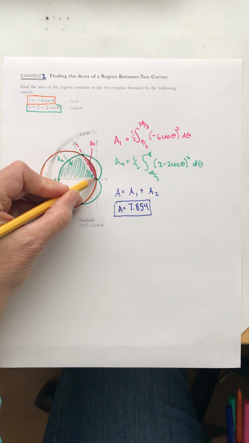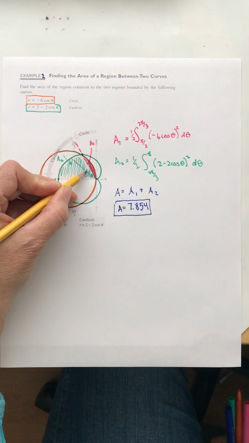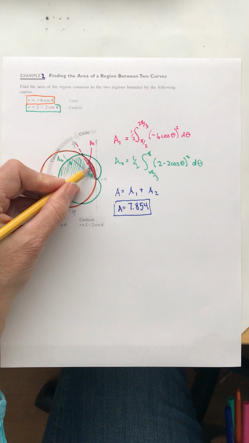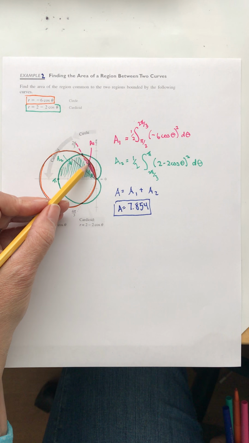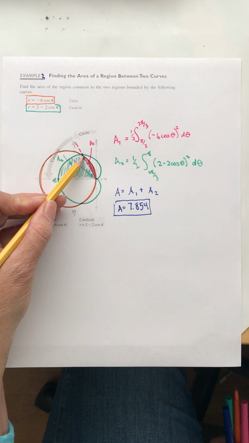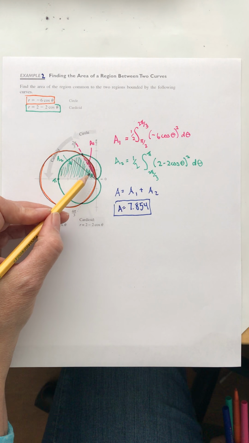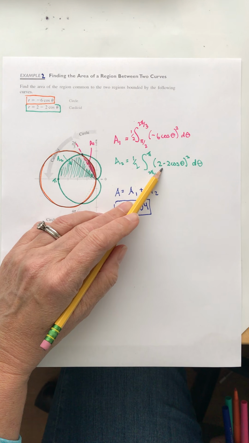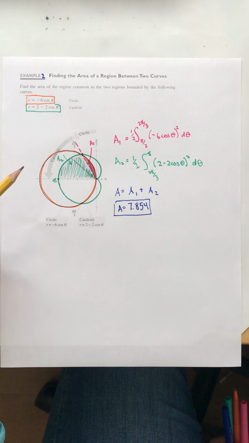And then as soon as I get past 2 pi over 3 and I'm sending out radii from the origin, I'm only hitting the cardioid and I'm not hitting the circle at all. So that's how I know that my integral from pi over 2 to 2 pi over 3 is just involving the circle. And from 2 pi over 3 to pi, I'm just using the cardioid. And then I'm just taking those two areas and adding them together to get the total area.